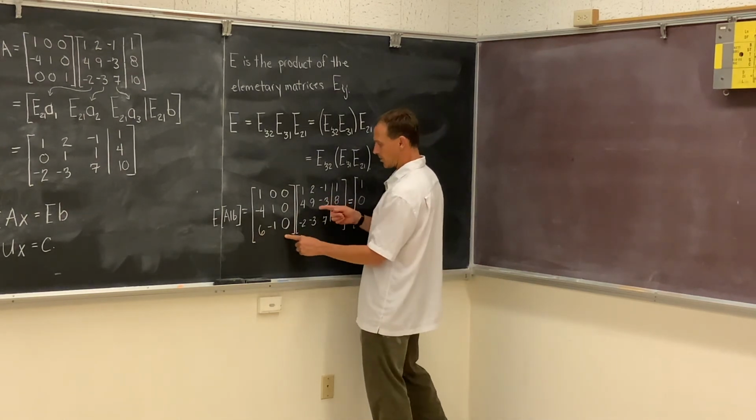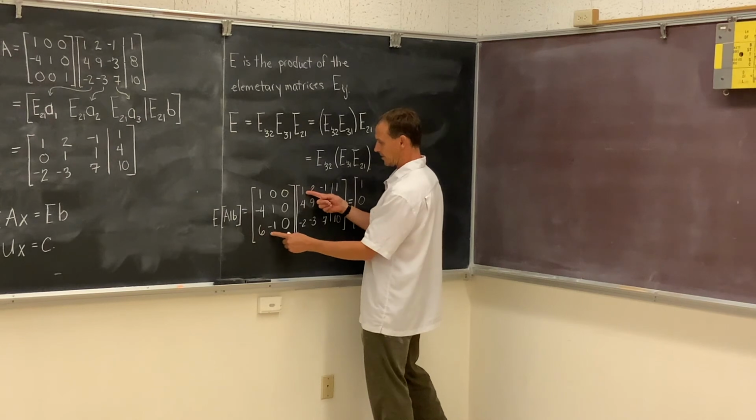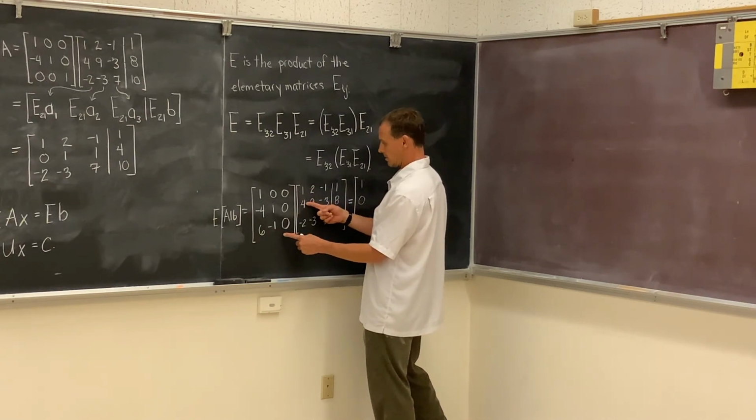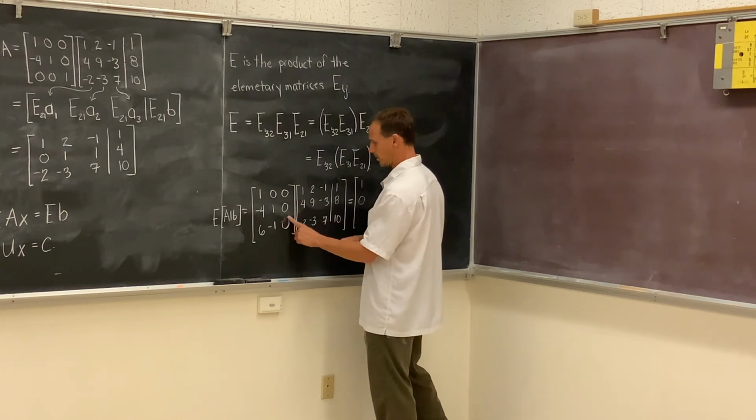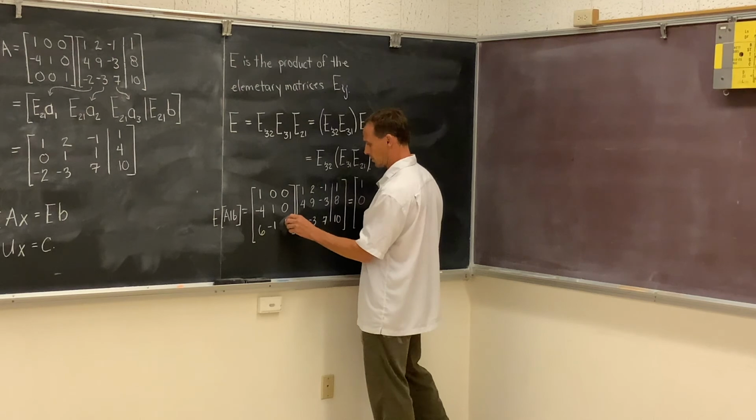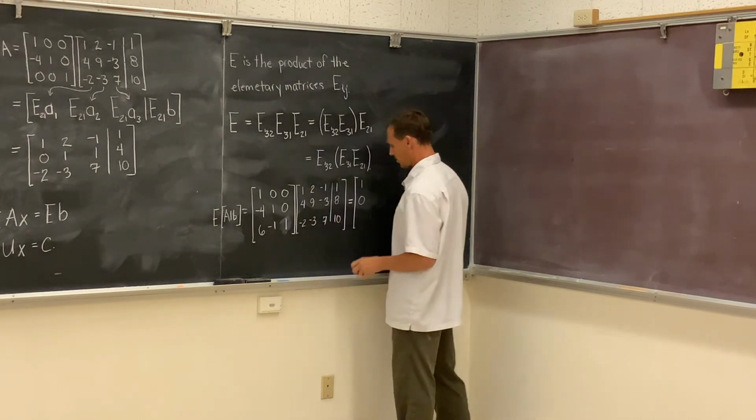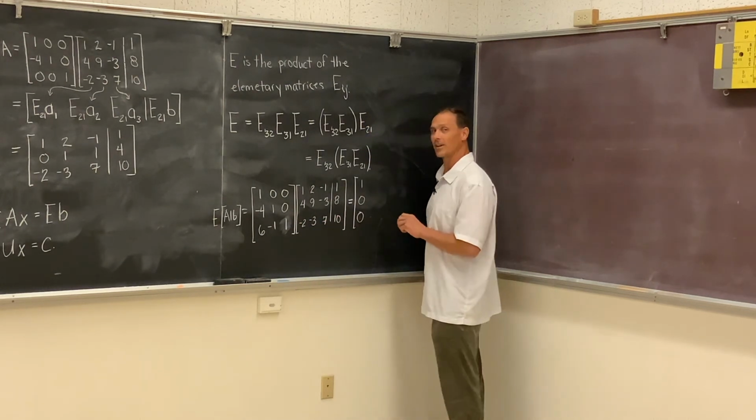Then we take the third row on the first column, so that's 6 minus 4 is 2. Is that right? Oh, I'm sorry, 1. That should be a 1. Minus 2 more, that's a 0. Hopefully you guys caught that.